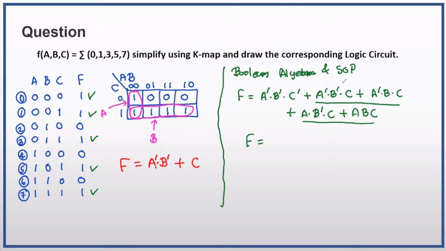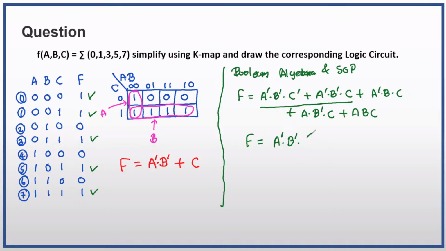No matter, I can select in any direction. Okay, I'll start from left to right. If I get confused, let me start from left to right. So you can see you can write A dash B dash, which is common for these two terms.